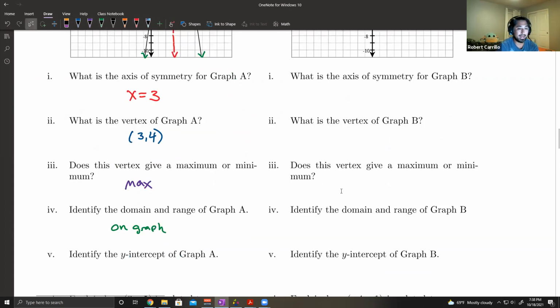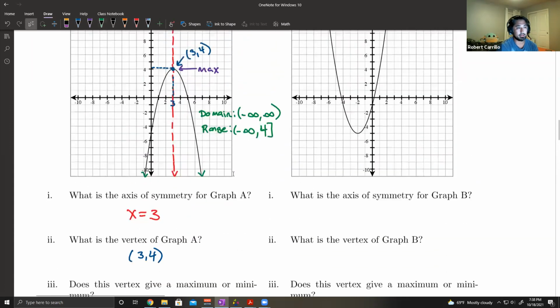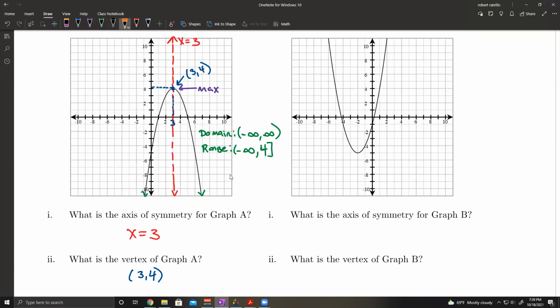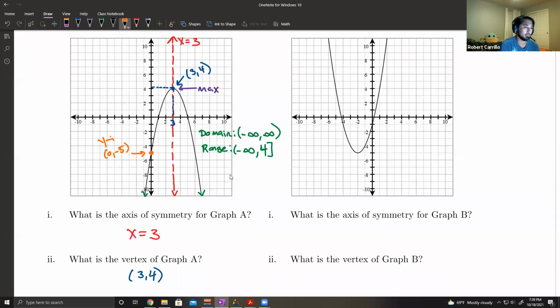All right, identify the y-intercepts. All right, so looking at this graph, what do you think our y-intercept is? Negative 5. We'll say it's right here. Our y-intercept is at negative 5. Okay, cool.